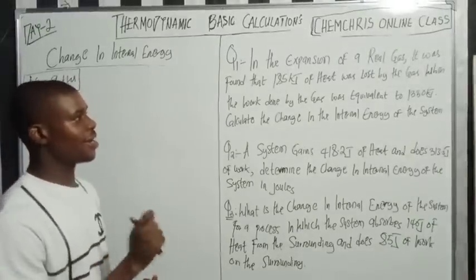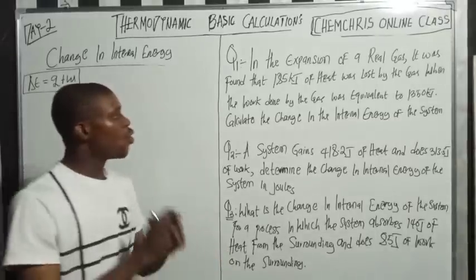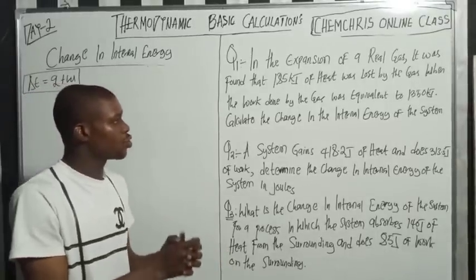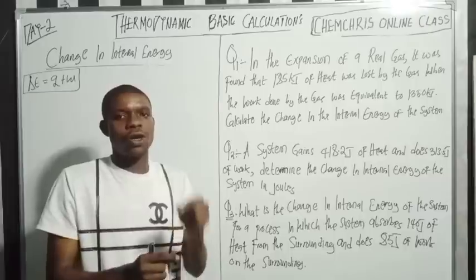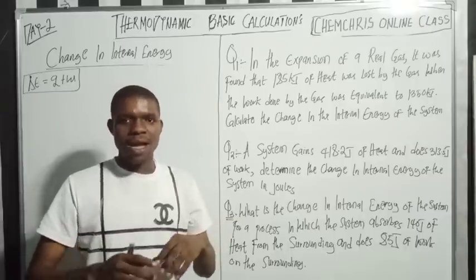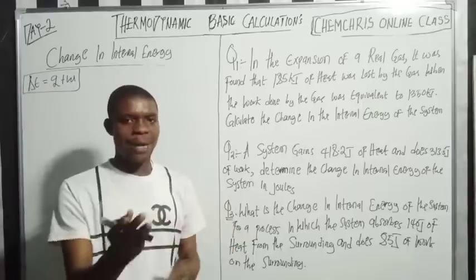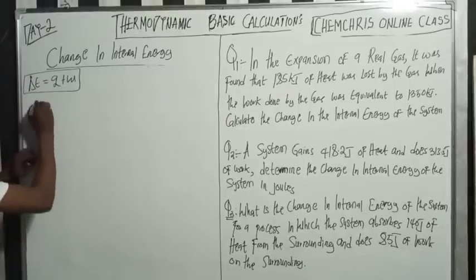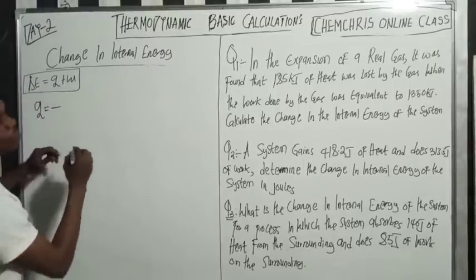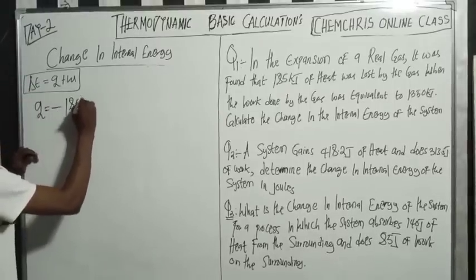In the expansion of a real gas, it was found that 185 kilojoules of heat was lost. Heat is lost, and whenever it is lost, it's called an exothermic reaction. And is an exothermic reaction positive or negative? Negative, right? Nice one. So that is my Q here: minus 185 kilojoules.